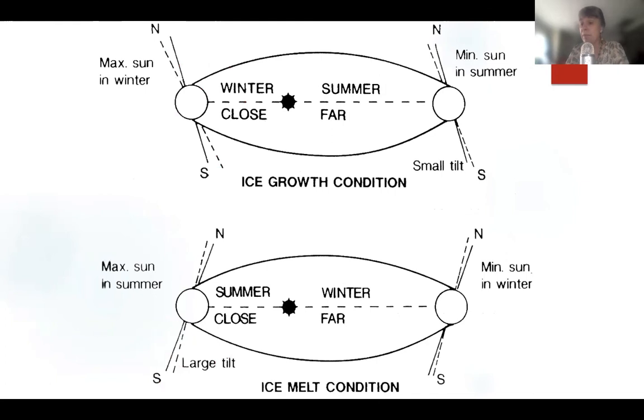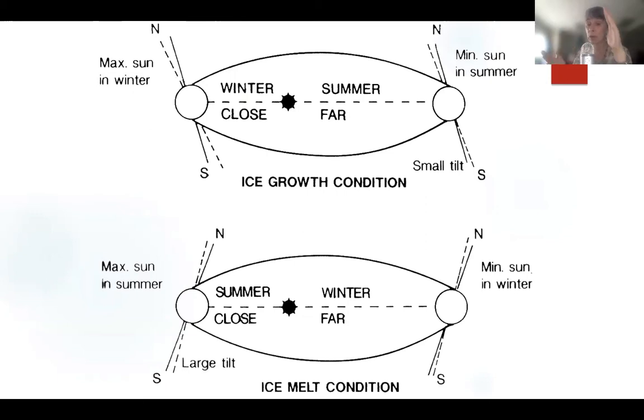Okay, so where this becomes important for climate is that when we are in conditions where the Northern Hemisphere summer, so the Northern Hemisphere is tilted towards the sun during summer, is at the farthest point away from the sun, we have a cold Northern Hemisphere summer. And because the Northern Hemisphere has a large amount of land mass, the cold summers allow that land mass to hold on to the winter snows and allow the ice sheets to grow.